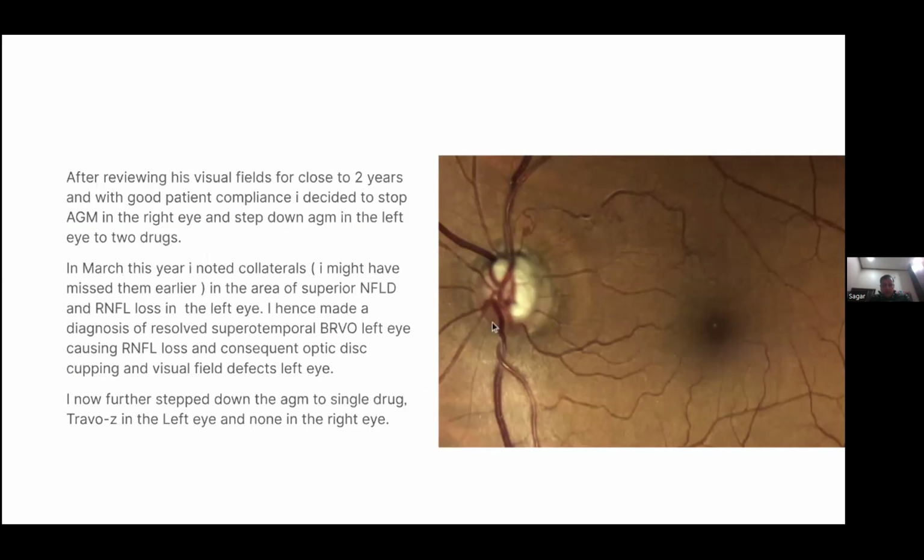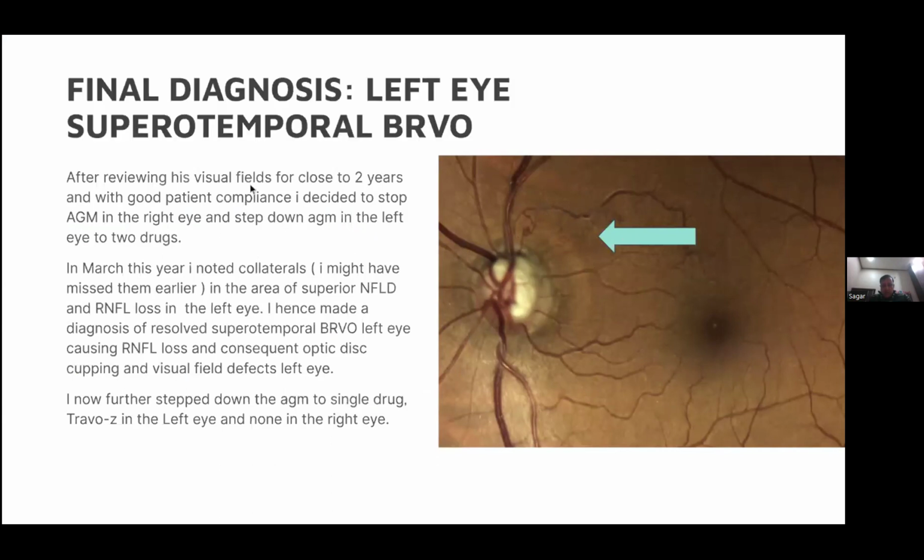But this year, I noticed these collaterals. I missed them completely over the years, and this is actually a case of superotemporal BRVO in the left eye. This thinning of the rim superiorly is all because of the superior BRVO, which has resolved, and loss of blood supply here has caused the death of the ganglion cells, the thinning of the rim superiorly, and some pallor here.